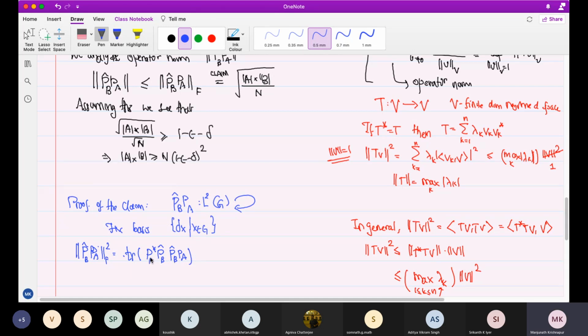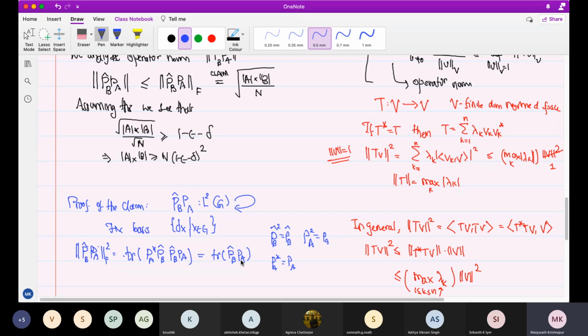So P star is the same as P, and P squared is the same as P. So projection means P_B hat squared is P_B hat, and P_A star is the same as P_A, and P_A squared is also P_A. You can remove the star and put P_A on this side because it's a trace. You can cyclically permute. So it's just the trace of P_B hat P_A, nothing more. We don't need that long expression.